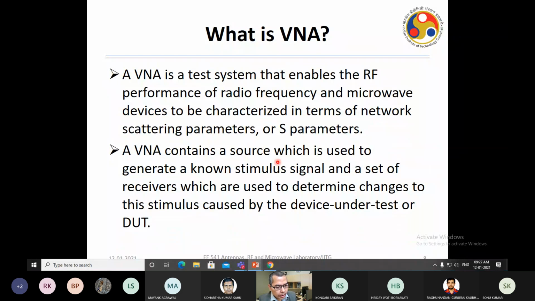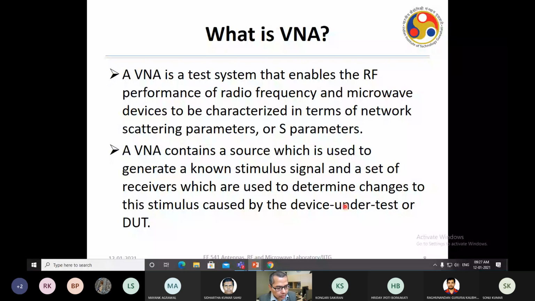For your basic understanding, you analyze a circuit or a device using voltage and current, but at microwave frequency you cannot measure them. The only measurable quantities you have at high frequencies are the scattering parameters. The VNA is the device which will give you the measurement of these scattering parameters. This is one of the most important parameters and devices you'll be using at microwave frequency.